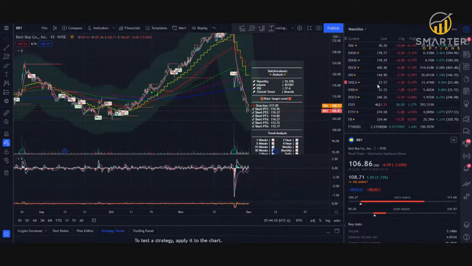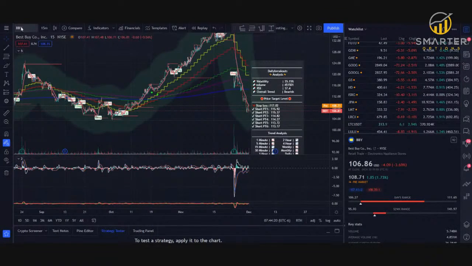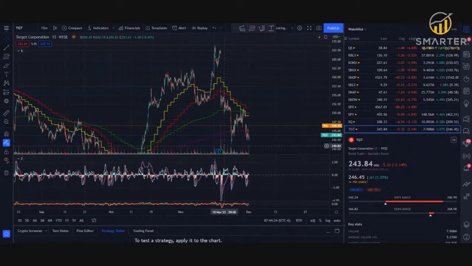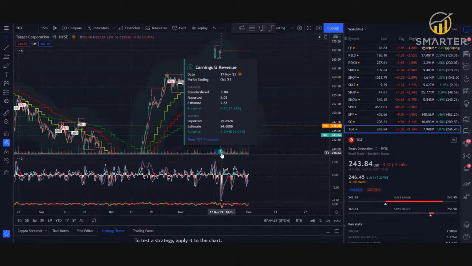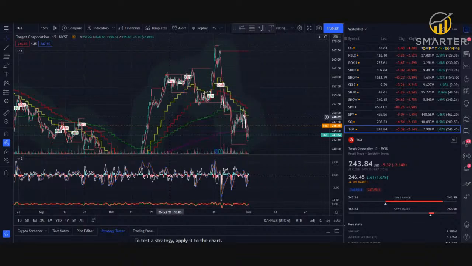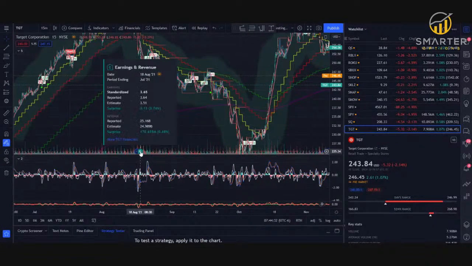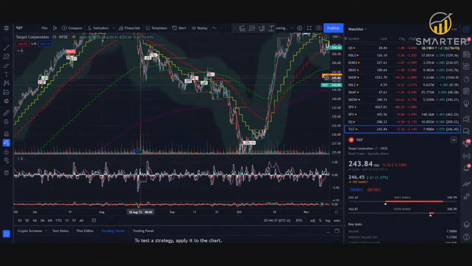So there's Best Buy. Let's go look at, I know Target just had earnings. Yes, Target just had earnings. Okay, surprised by 7%. Once again, if we go back to their last earnings, they actually didn't do very well.